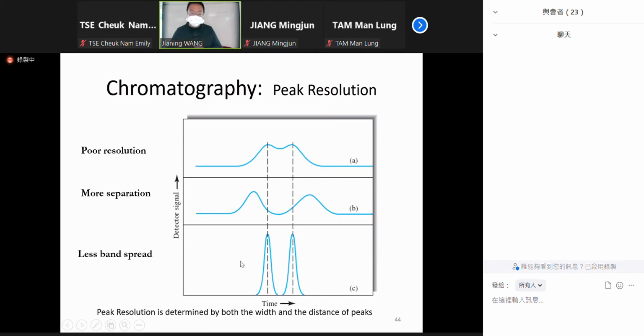So the best is panel C. So we need to know how to describe the spectrum and how to control conditions to achieve better separation.